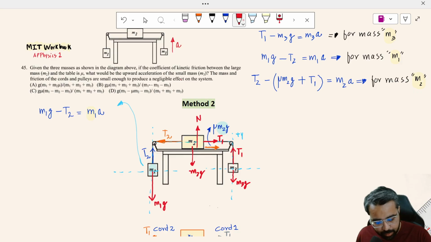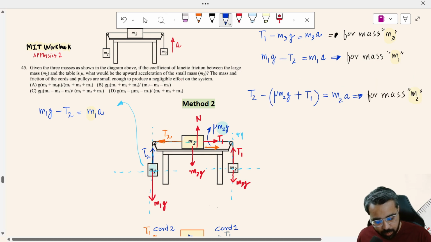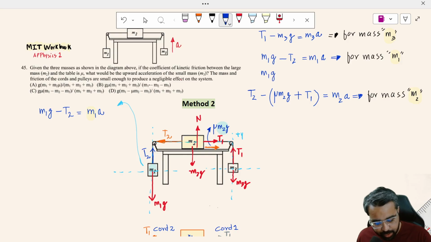If we put the value of tension T2, first of all you must write the equation for T2: take it to the other side, make it the subject, so m1g minus m1a is equal to T2.